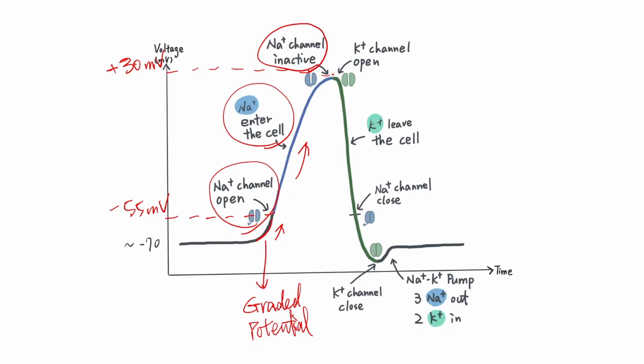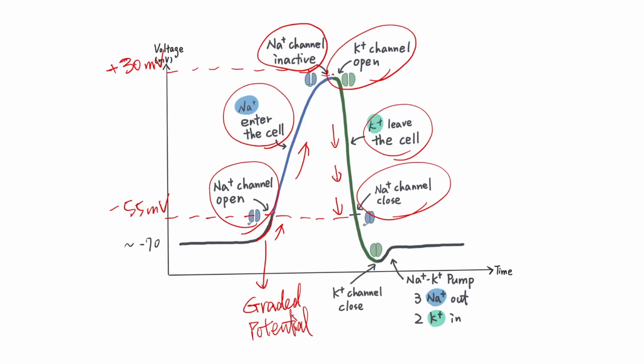At the same time, the potassium channel opens. Since you have more potassium ions inside than outside of the cell, the potassium ions leave the cell and make the voltage go down. When the voltage goes down to about minus 55 millivolts, the sodium channel closes.